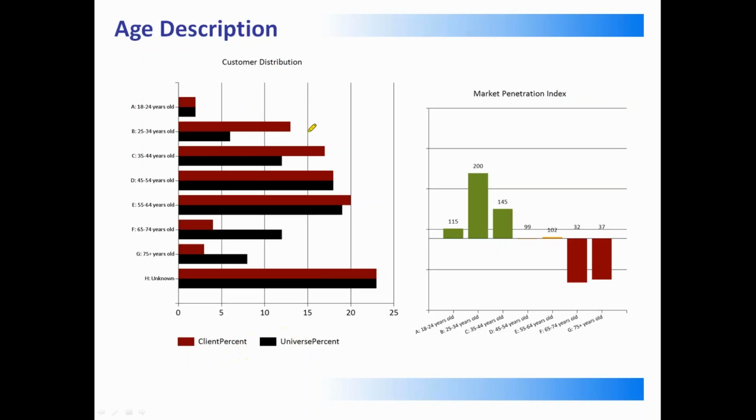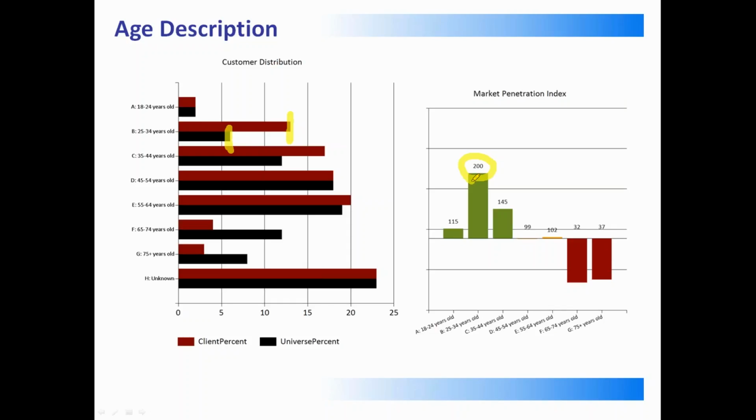In fact, where you see the red bar exceeding its corresponding black bar, that actually represents a statistical sweet spot. And the way we quantify the magnitude of that sweet spot is we divide the customer percent by the universe percent, and we multiply by 100 to get an index. In this case, an index of 200.